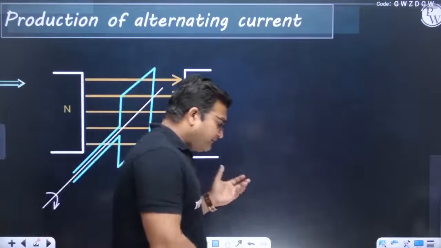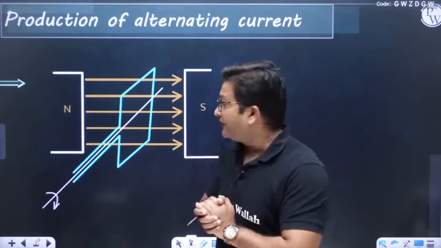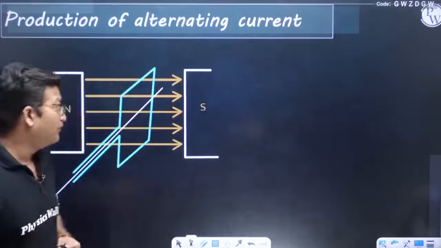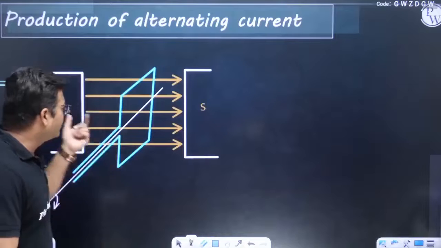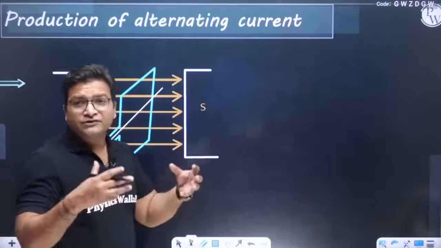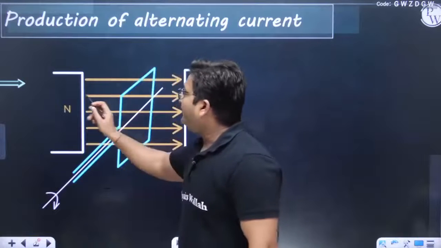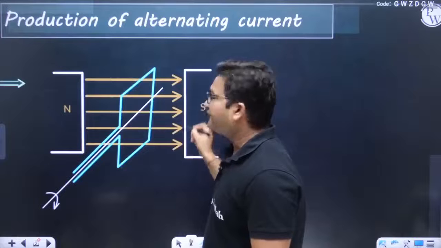For this I have here a simple diagram of a generator. Suppose we have two magnets, one is a north pole and the other is a south pole. They may be two independent magnets or just two poles of a single magnet, doesn't matter. And between them we have a magnetic field from the north pole to the south pole. Can you see?